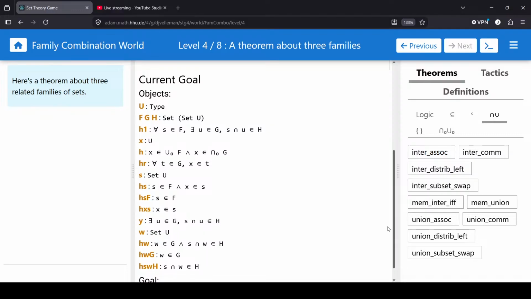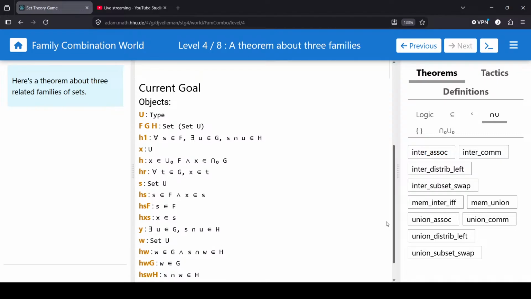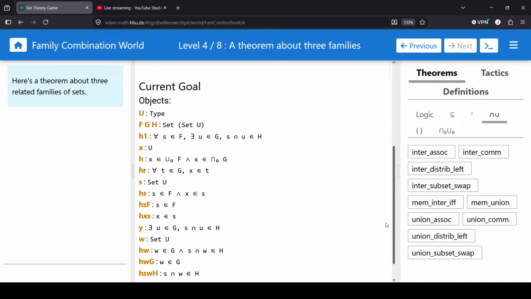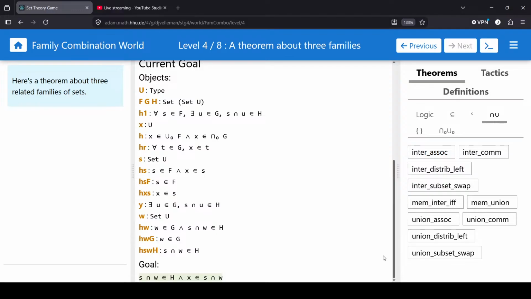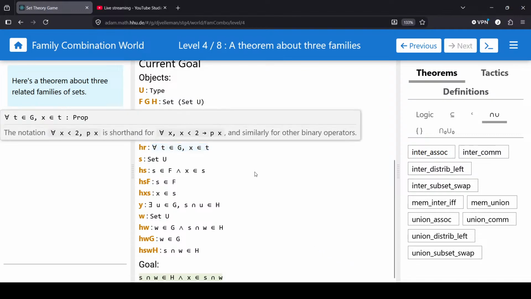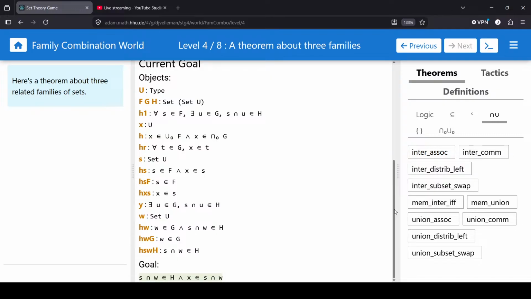W is in G. Oh, but there's this. We haven't used that yet, have we?